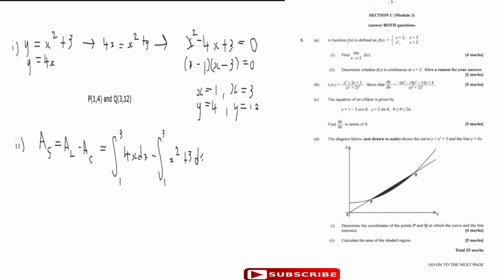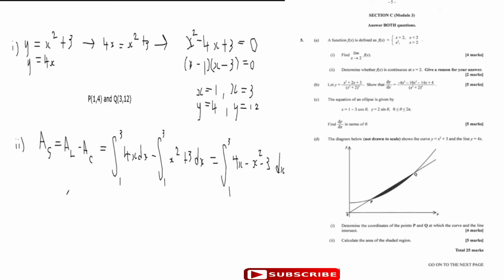Now, many persons would go ahead and just want to combine it as one integral. You can do the same, combine it as one integral to say we're finding the integral from 1 to 3 of 4x minus x squared minus 3. You can do that and combine it.